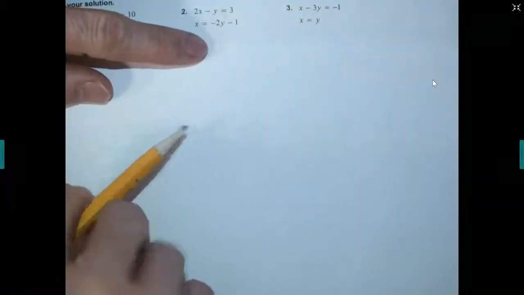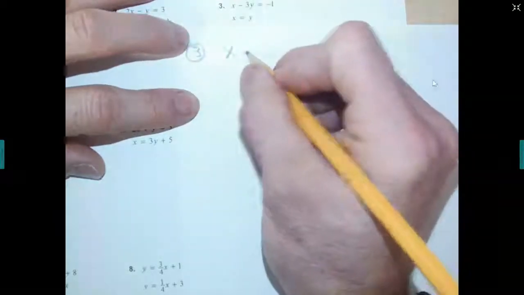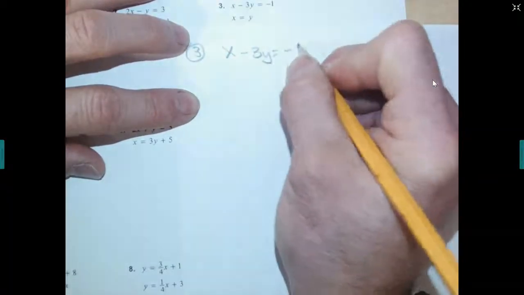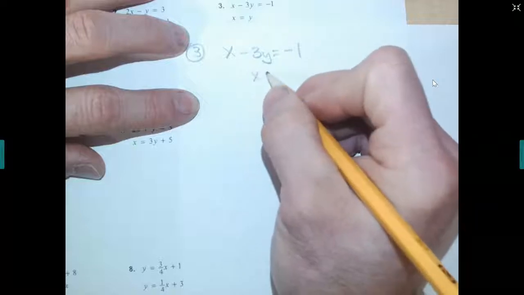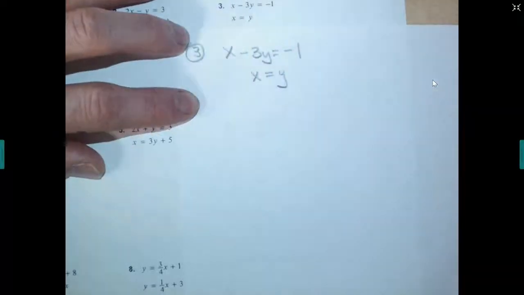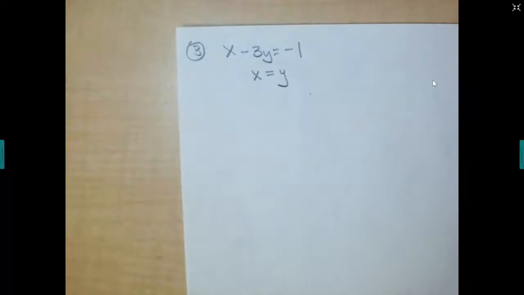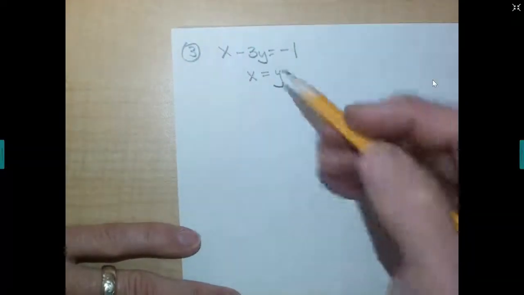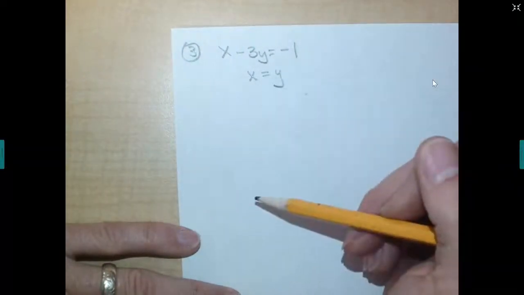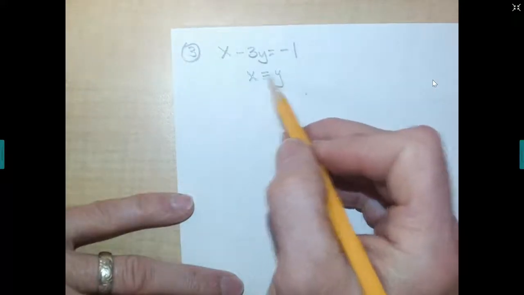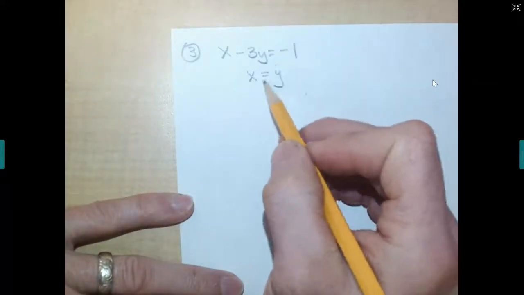Alright, let's check out number 3. For number 3, x minus 3y equals -1, and x equals y. Oh, yeah. Might throw some people off, but it's actually quite nice that x equals y. So I'm going to plug in the y wherever there's an x.